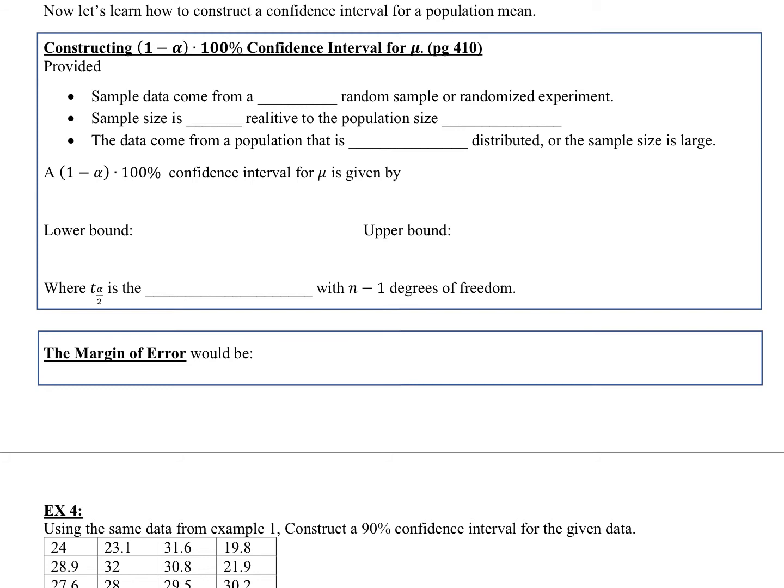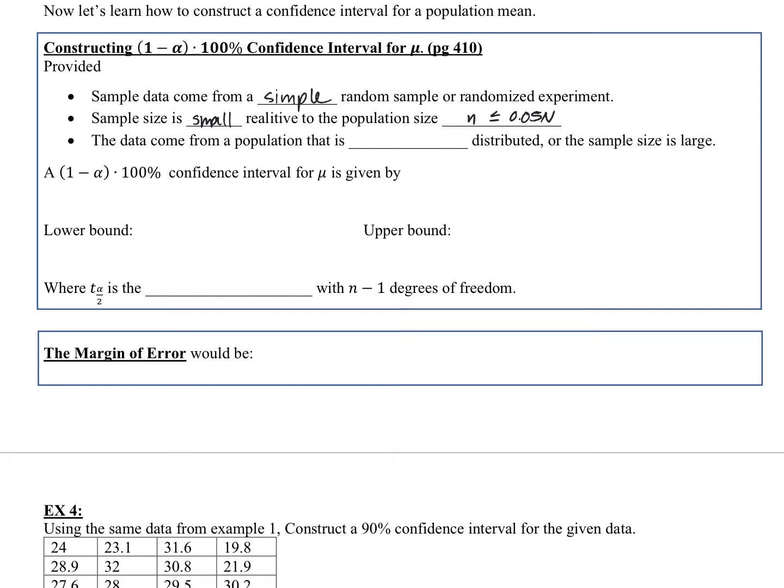Provided, first off, the sample data should come from a simple random sample or a randomized experiment. And then the sample size should be small relative to the population size, where n should be less than or equal to 0.05 times N. Once again, about 5% of your population size.